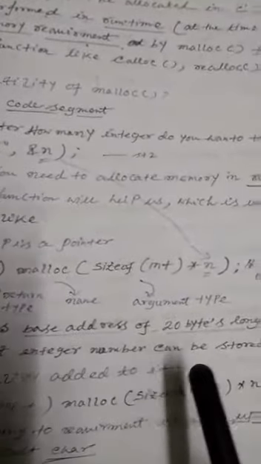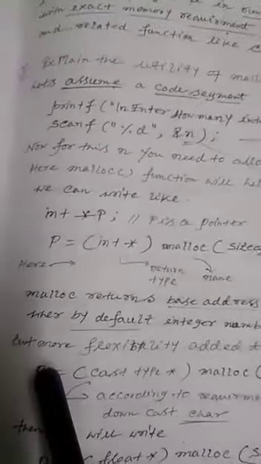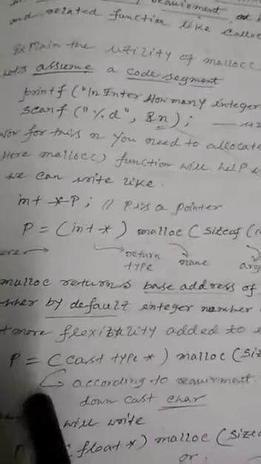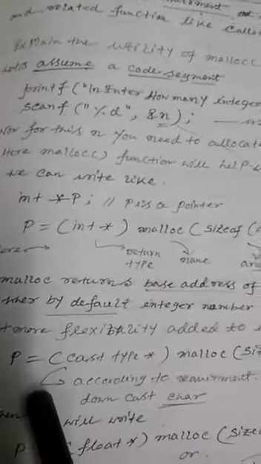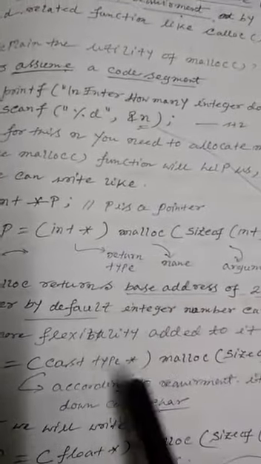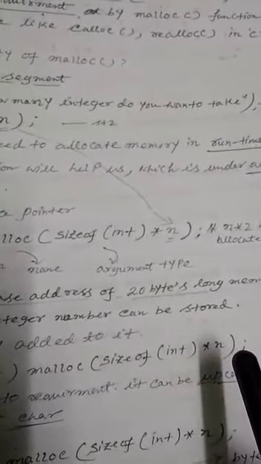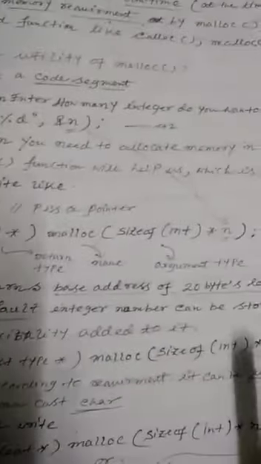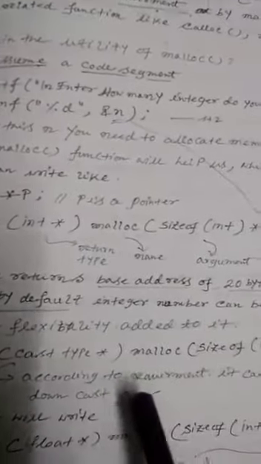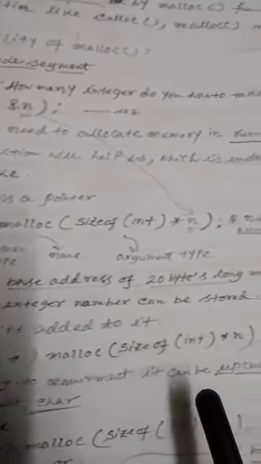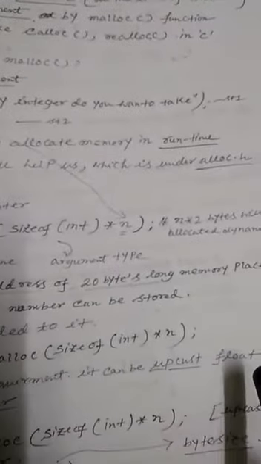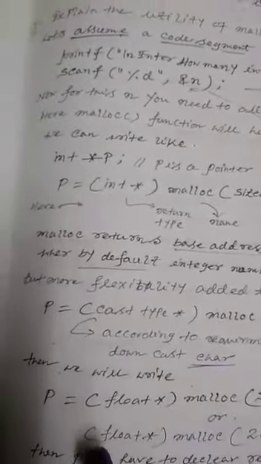Here by default integer numbers can be stored, but more flexibility is added to it, which I have already mentioned, like p = (cast type pointer) malloc(sizeof(int) * n). According to the requirement, it can be upcast to float, or downcast to character.